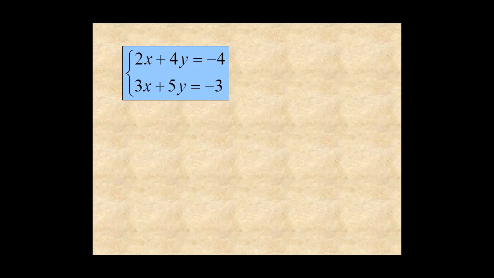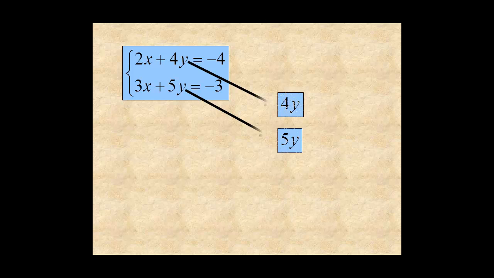In this example, both equations must be changed in order to eliminate a variable. The strategy will be to change 4y and 5y to 20y and -20y and eliminate the y variable.